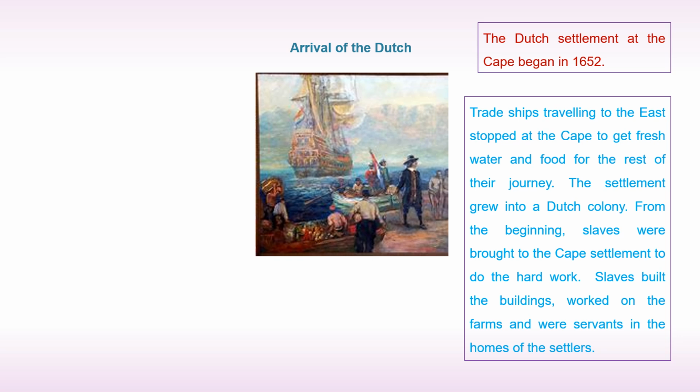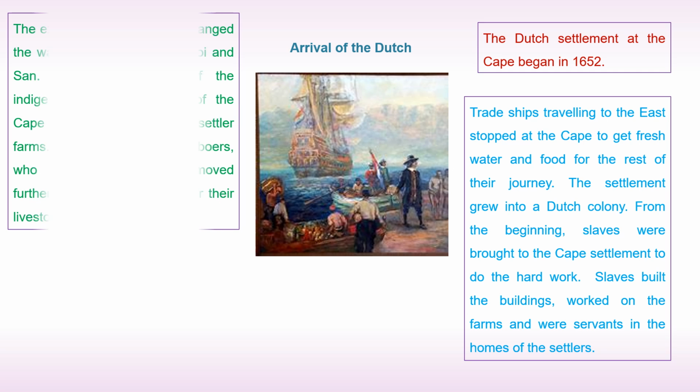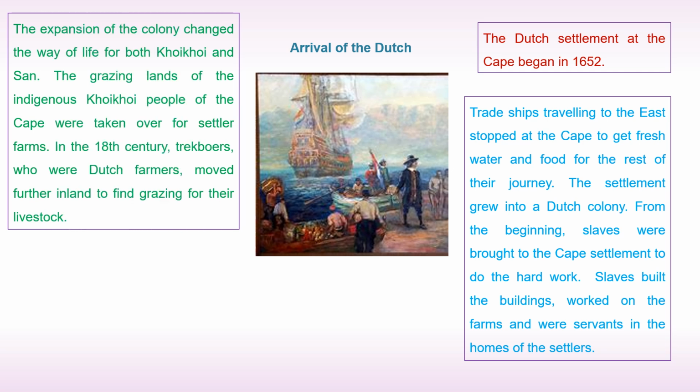Because they were in conflict with the San and the Khoikhoi and Xhosa people, the African farmers did not want to work for the Dutch people, so the Dutch people brought slaves with them. So they expanded their colony, and this basically changed the life of the Khoikhoi and the San people.